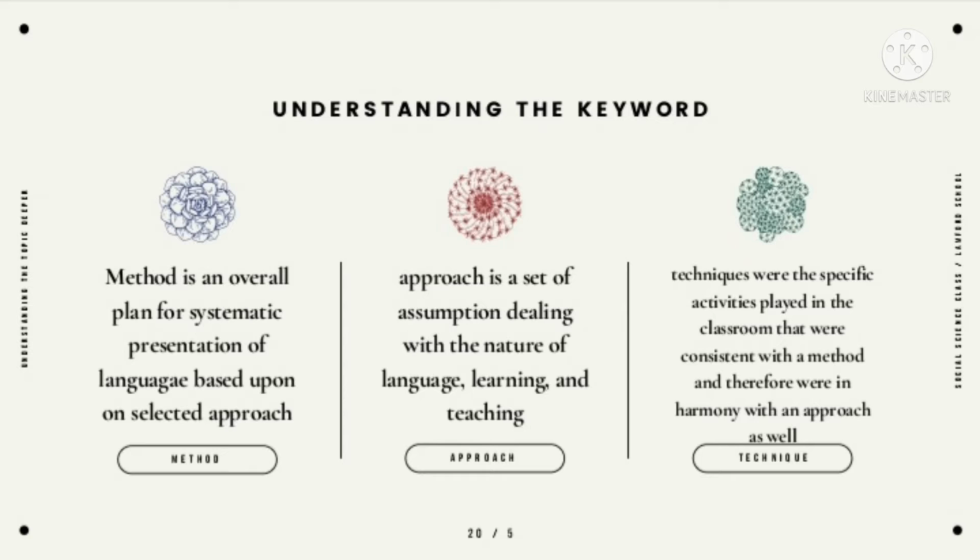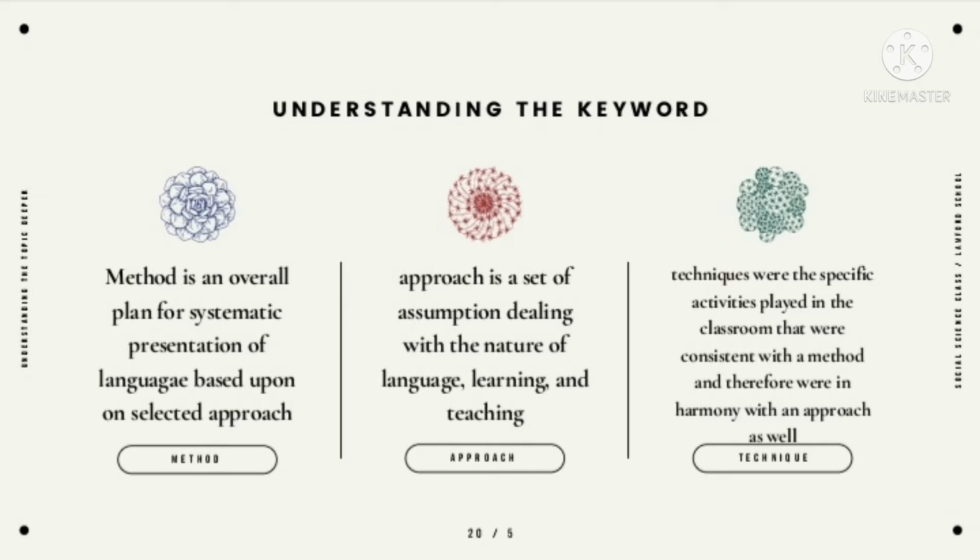method is an overall plan for systematic presentation of language based upon a selected approach. While approach is a set of assumptions dealing with the nature of language, learning, and teaching. And last but not least is technique. The technique should meet the method and also the approach as well.